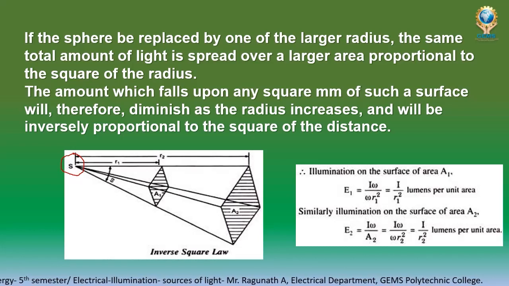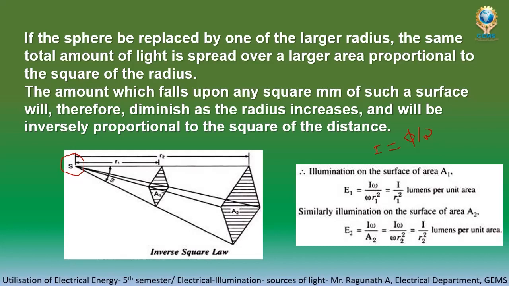Luminous intensity, we know that I equals, these definitions we already saw, I equals luminous flux phi divided by solid angle omega. Okay, so now if you do the cross multiplication, the luminous flux will be I into omega.